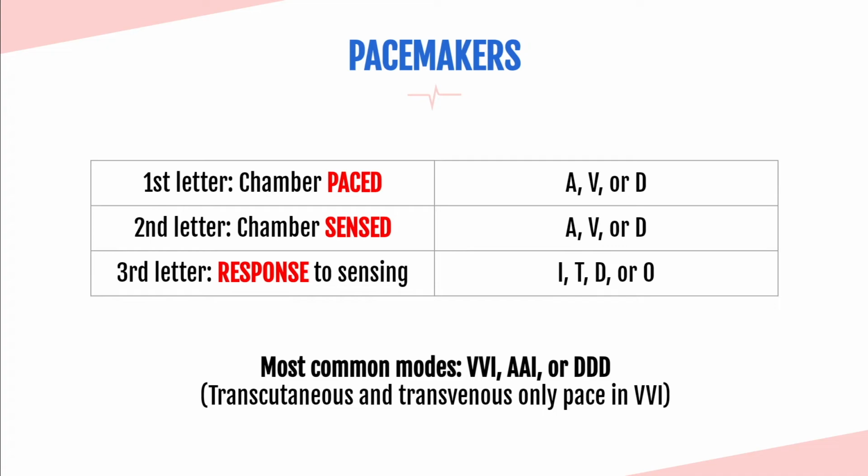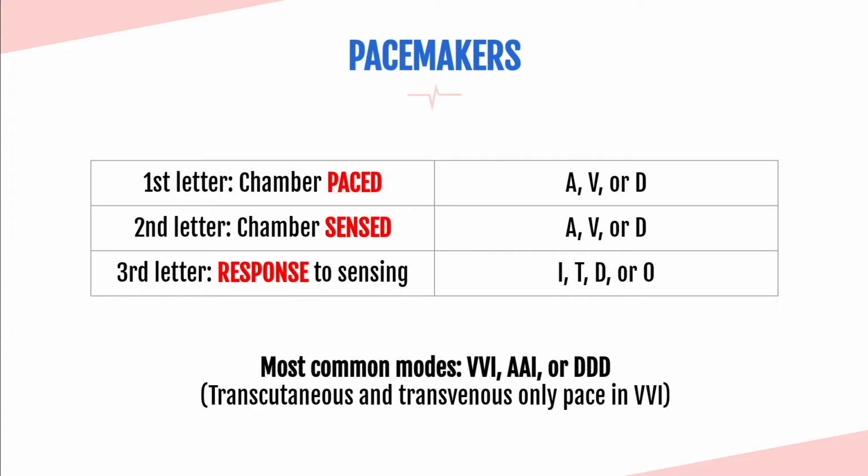So thinking about VVI really quickly, the first letter is the chamber that is being paced. So we're going to be pacing the ventricle. The second letter is going to be the chamber that is sensed, which is also going to be the ventricle. And the third letter is going to be our response to the sensing. I, meaning inhibited.